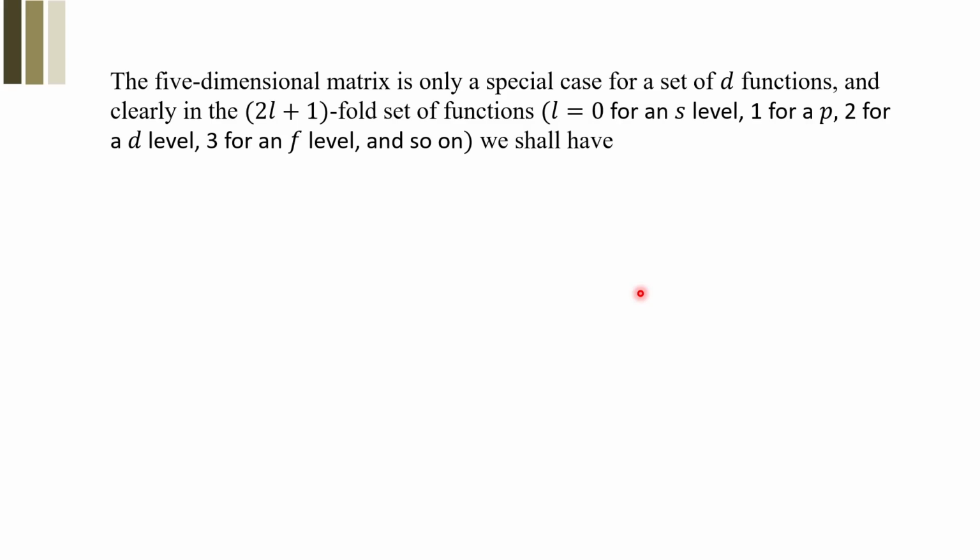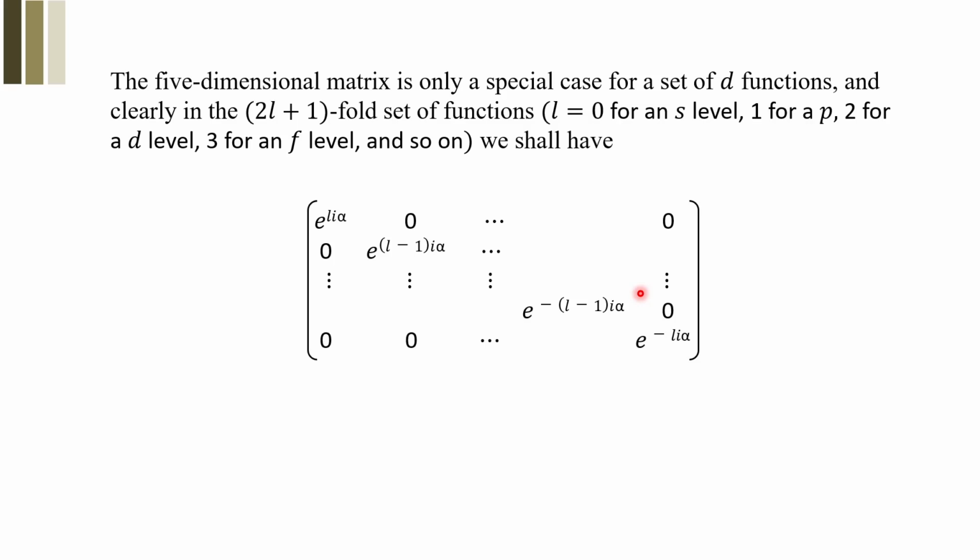We have a generalized formula. We have a generalized matrix that we have seen, showing how, by a certain degree of rotation, an n by n order matrix could be taken as a basis. For all values of L, we'll have the diagonal values e to the power iLalpha, e to the power i(L minus 1)alpha, to the extent it goes to e to the power minus i(L minus 1)alpha and e to the power minus iLalpha.